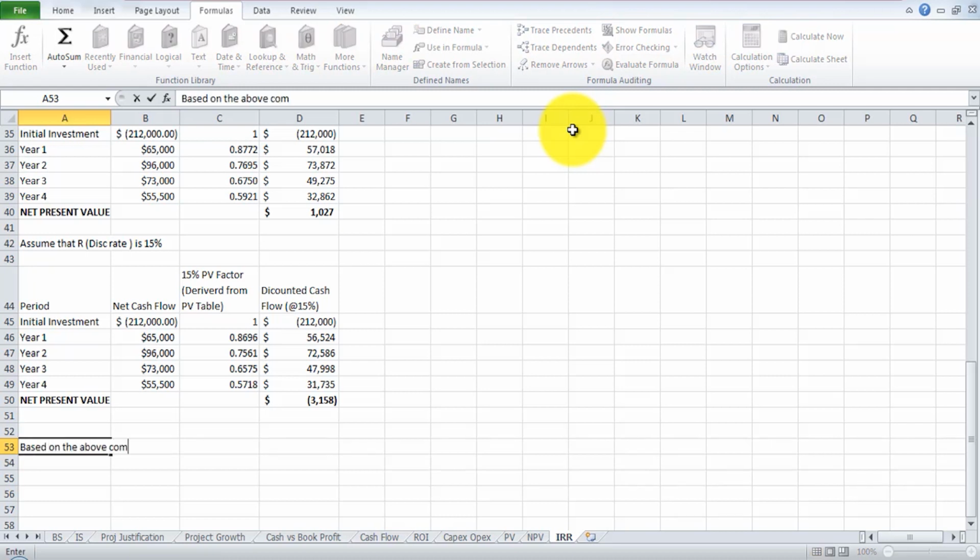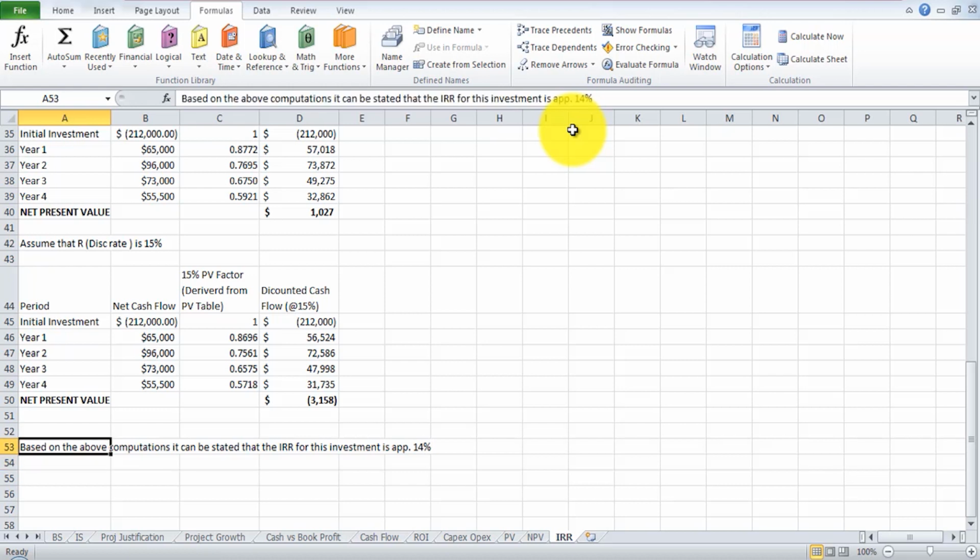Based on the above computations, it can be stated that the internal rate of return for this investment is approximately 14%. Always use the word approximately for IRR unless you have a precise zero net present value.